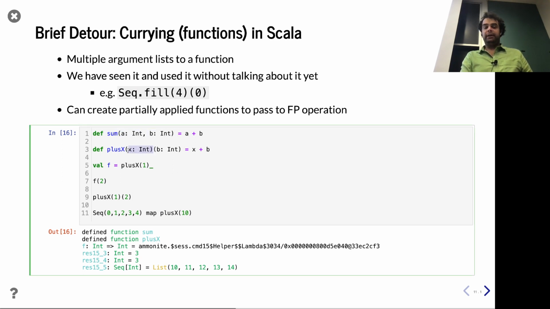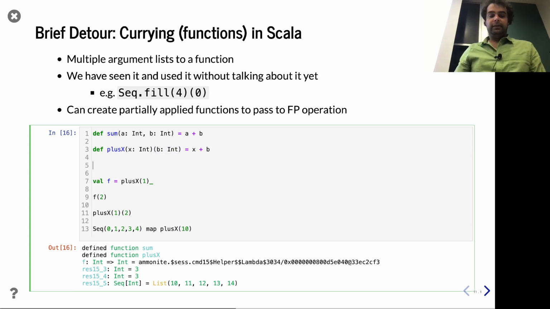The reason you want to break it up is because you sometimes want to apply them at different times and places, where I can have a more general function. Or maybe a better way of saying this: let's say I did this without breaking it apart. Let's say I wanted plus, with a int, b int.